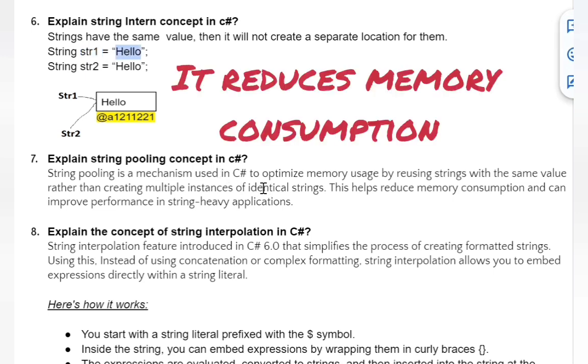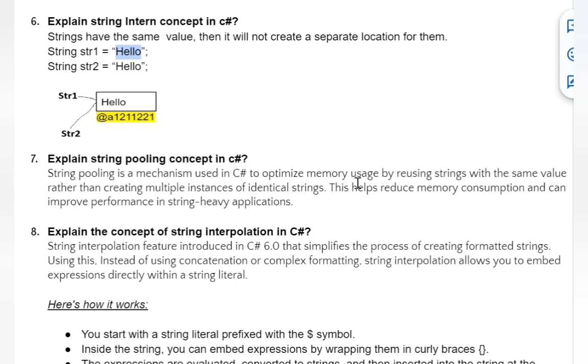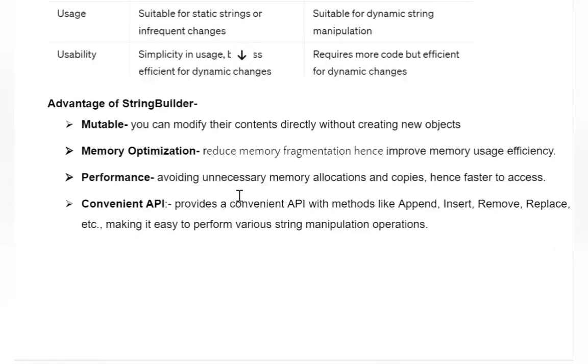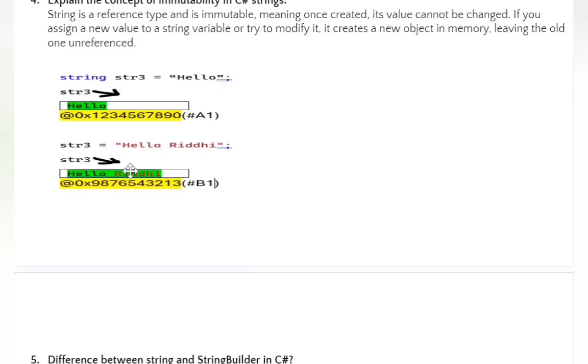As per the definition, it optimizes your memory usage by reusing strings with the same value rather than creating multiple instances. So here it is not creating multiple instances, unlike string, where it creates multiple instances.